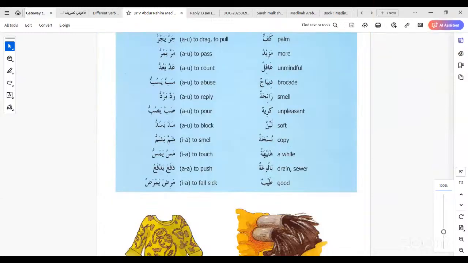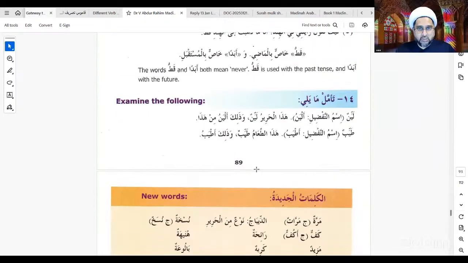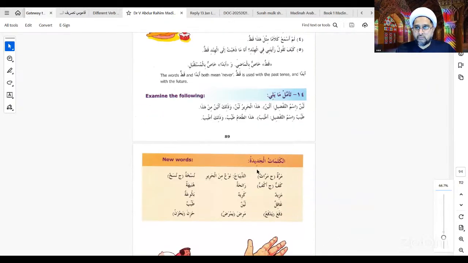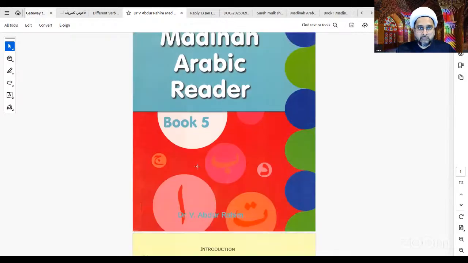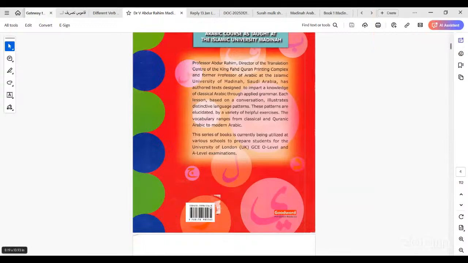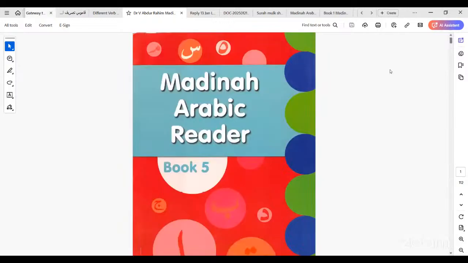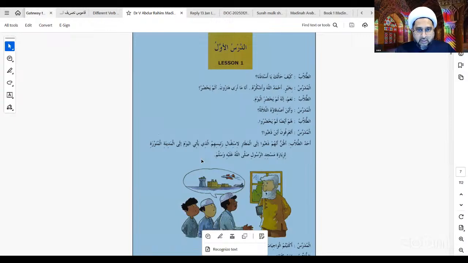So when there's a shadda, that means that it's processing, yeah? Exactly. Let me just find it. Where was it? This is book 5. So we read it in the lesson.